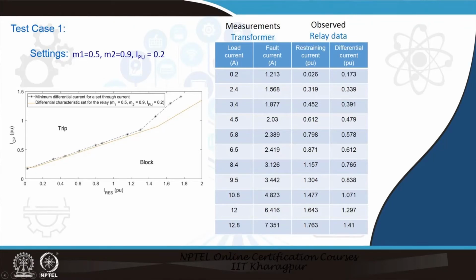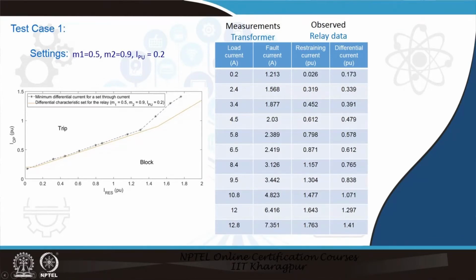These are the per unit data available, because our plottings are based on per unit also. We see here that for this 0.2 load current and the corresponding fault current, the restraining current happens to be 0.026 per unit after the normalization, and the differential current at which the relay operates is 0.173 per unit.